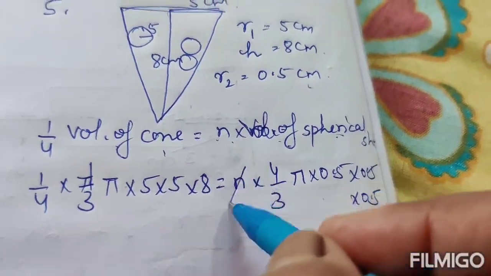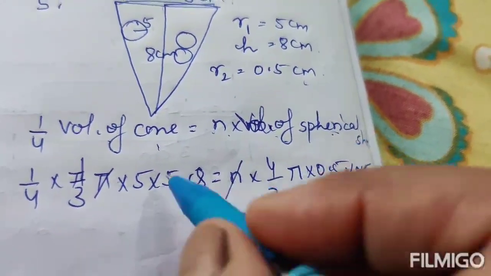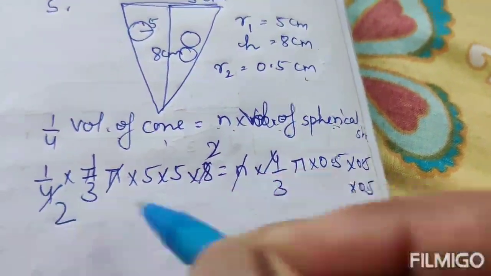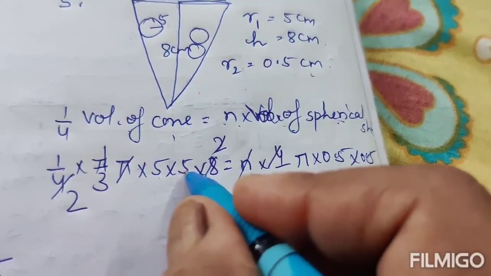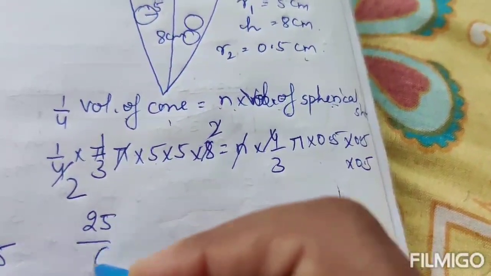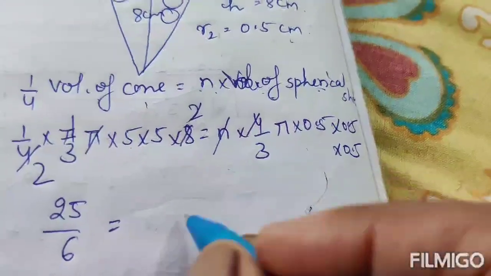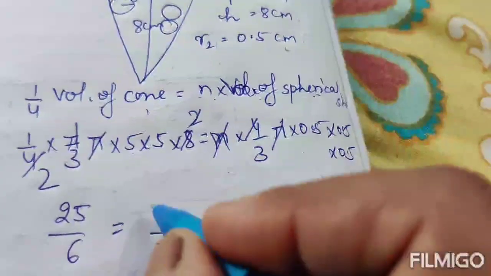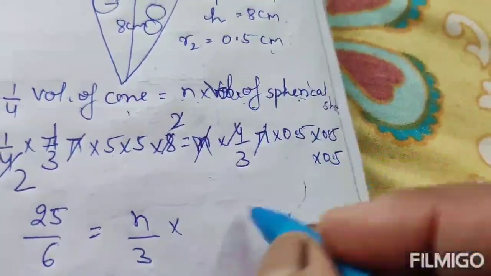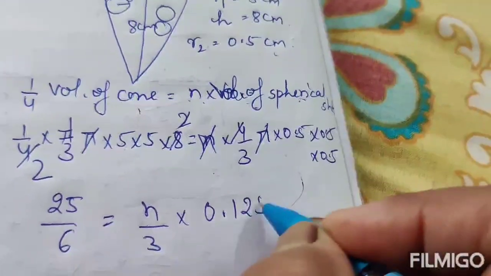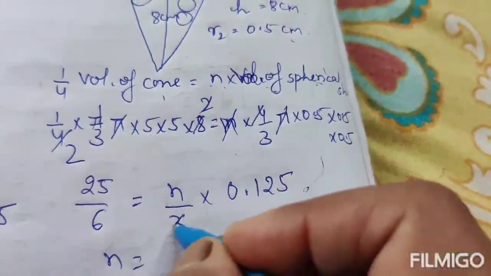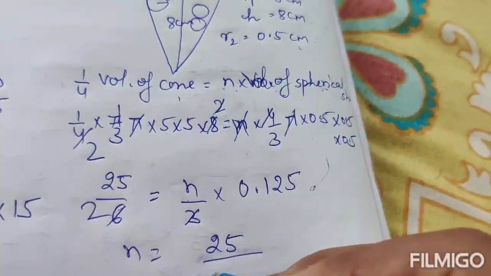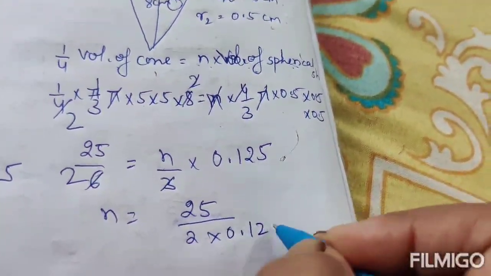Now pi cancel and 5 cancel, 4 to the 8, 2 to the 4. Now solve this. 5 5 ja 25 by 6, and here by 3, pi cancel, n into n by 3, 0.125. n equal to 3 to the 6, 25 by 2 into 0.125.